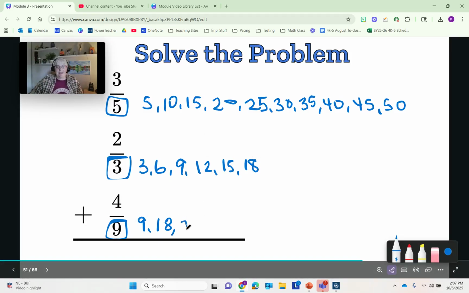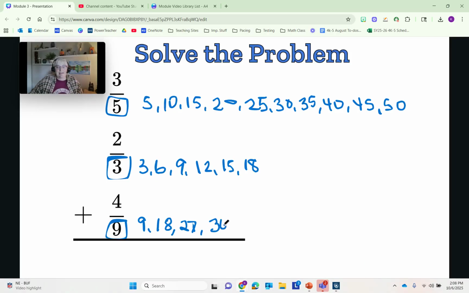9, 18, 27, 36, 45. Oh, 5 has 45. Can we have a multiple of 3 get us to 45? 18, 21, 24, 27, 30, 33, 36.